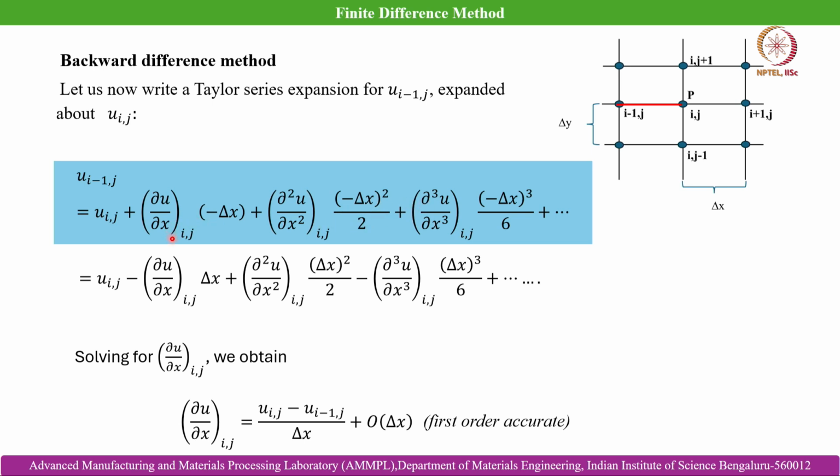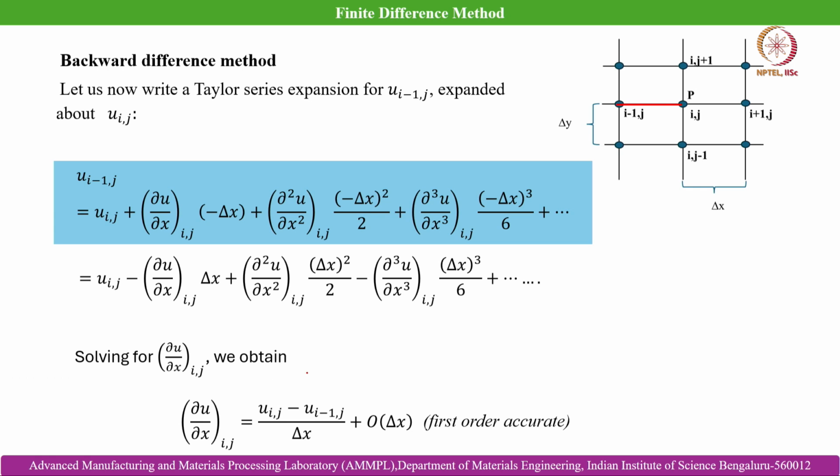If we simplify it further, we are getting u i, j minus del u del x delta x plus del square u del x square delta x square by 2. And here again we can solve for del u del x at i, j in the case of the backward difference scheme.